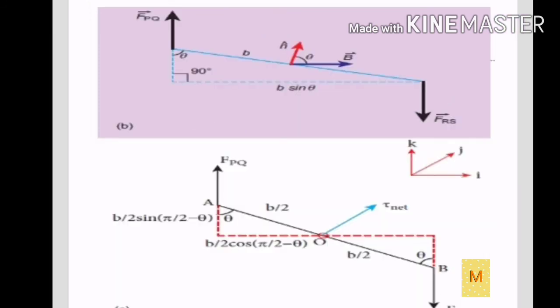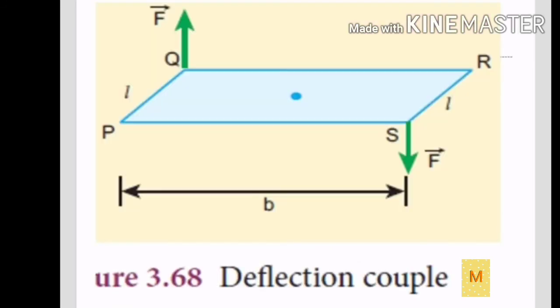This picture shows at what angle the current carrying loop will experience a turning effect. With the help of this picture only we have done the derivations. You can make use of it while learning the derivation. This picture shows the deflection of the couple.